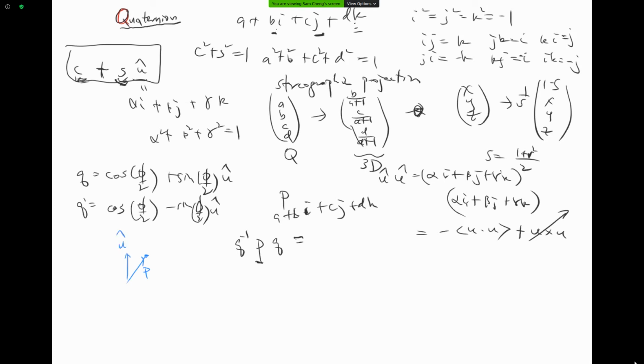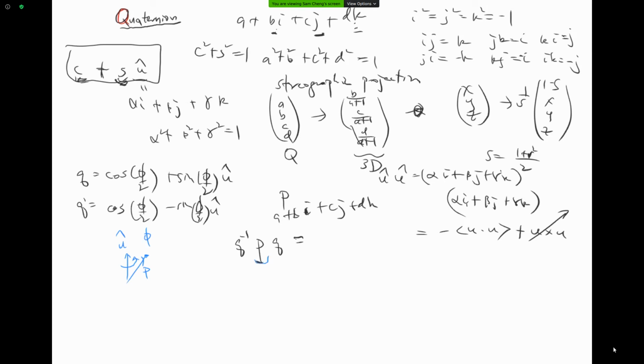So this operation, if I define a q as cosine phi over 2 plus sine phi over 2 multiplied by u hat here, this operation will be equal to rotating this p along this u hat with phi degree in the anti-clockwise direction.